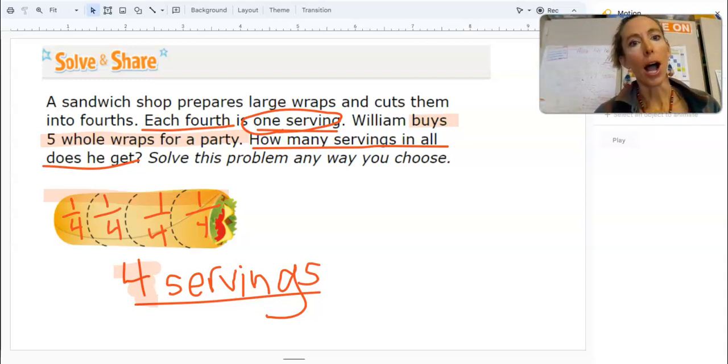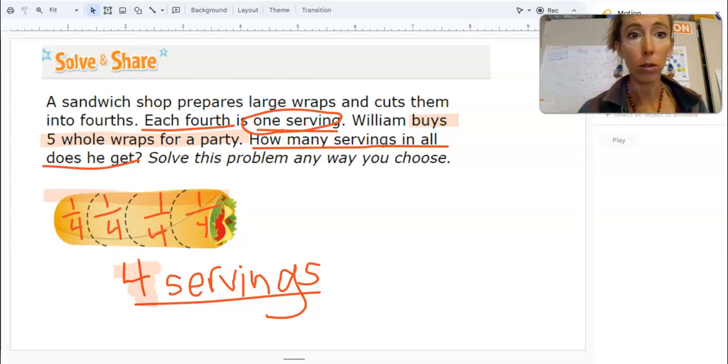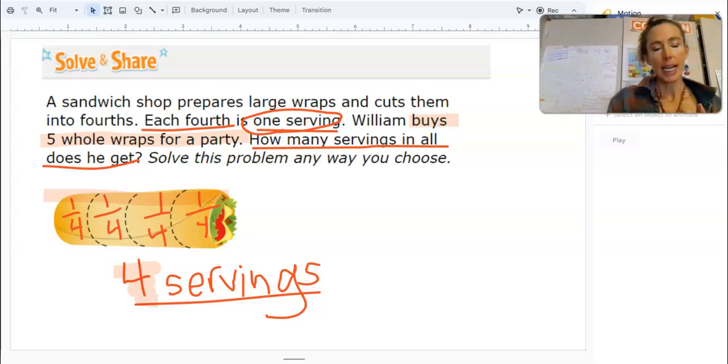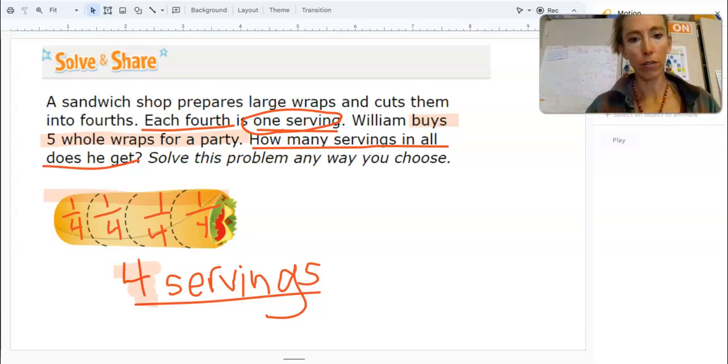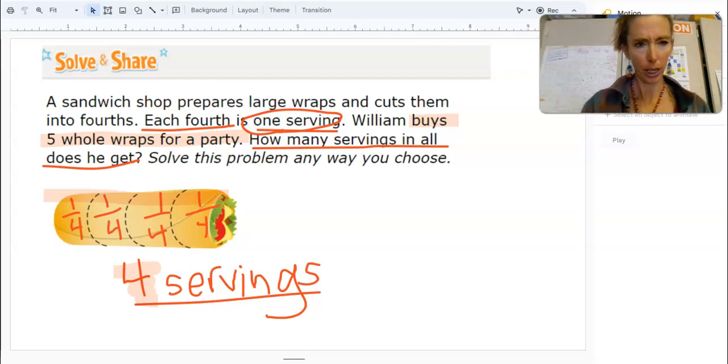So I'm going to need to maybe draw out some more wraps, draw out some more servings of those fourths. Go ahead, take some time if you haven't already, and put together some ideas of how you could figure out ways you could solve this problem. And then I want you to share out at least 2 ideas, and then come back to me, okay?